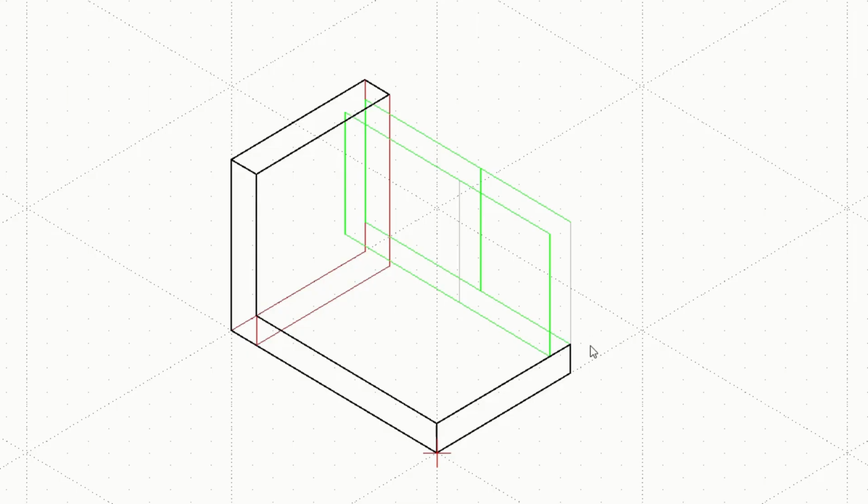Okay, so this is the construction. This line is 50 mm from the base. This line is 100 mm along the y-axis, and this line is exactly 12 plus 44, that is 56 mm from this point. Fine.